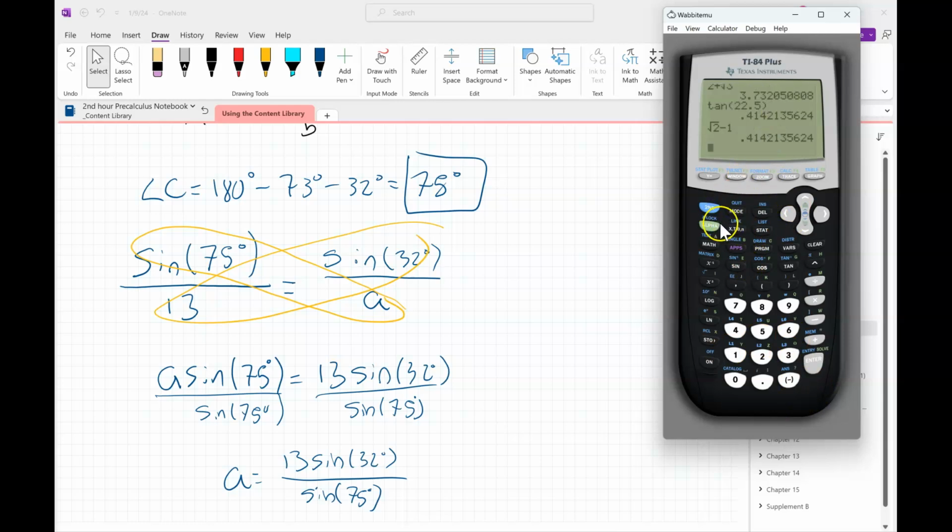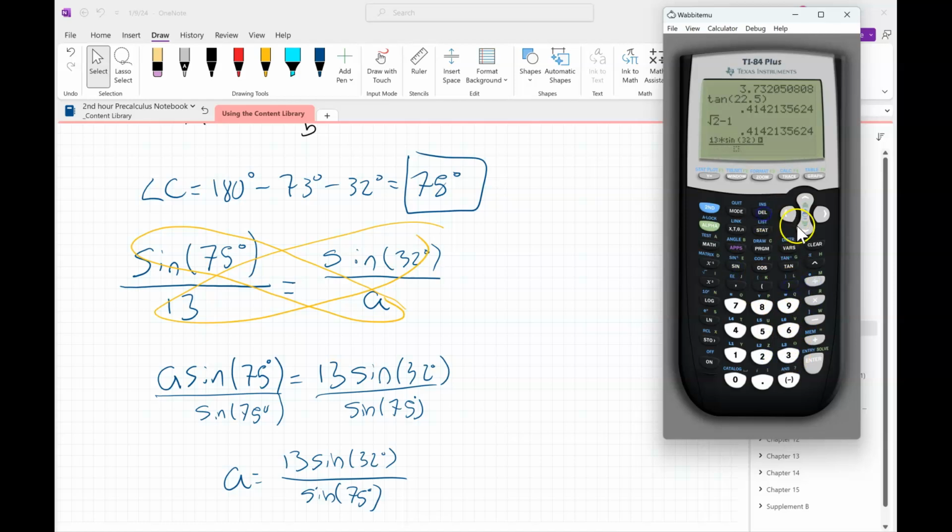That's handy. So I'm going to start by doing alpha and y equals. That opens up the fraction menu. I'm going to select option 1. That allows me to type the problem in exactly like it looks on my sheet of paper. That way I don't have to worry about any parentheses issues.